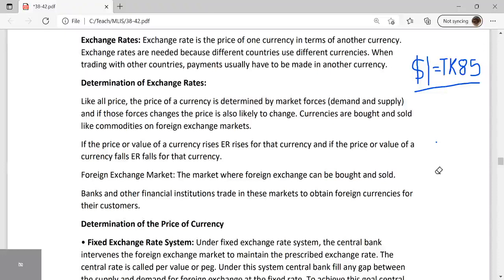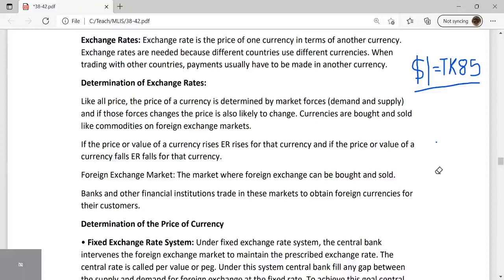So the value will rise. When the supply rises, the value falls, right? It's this simple, just like any other product. Over here it's written that if the price or value of a currency rises, the exchange rate also rises for the currency. And if the price or value of a currency falls, the exchange rate falls as well.